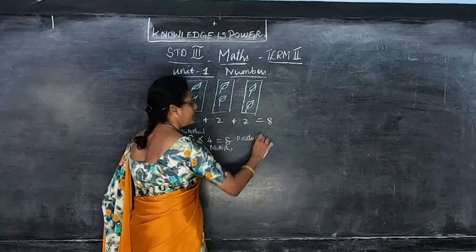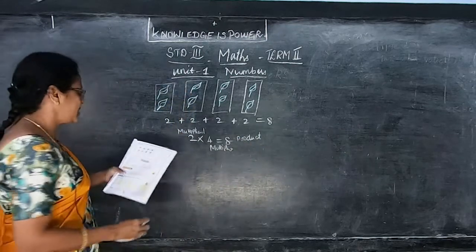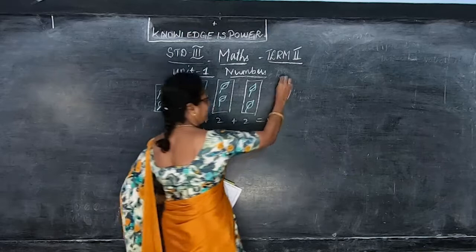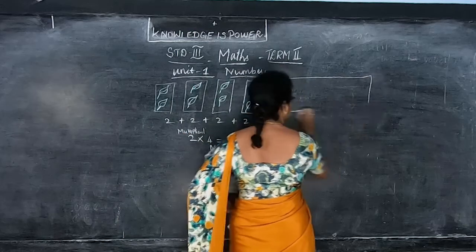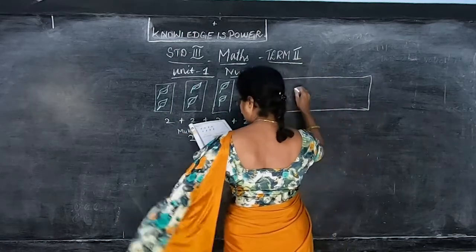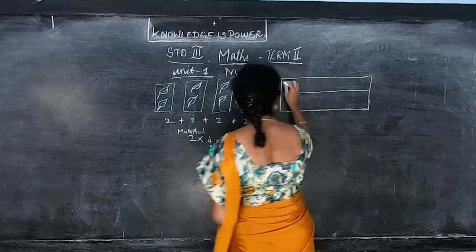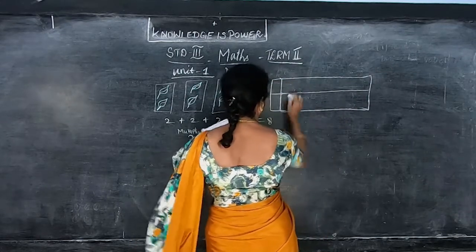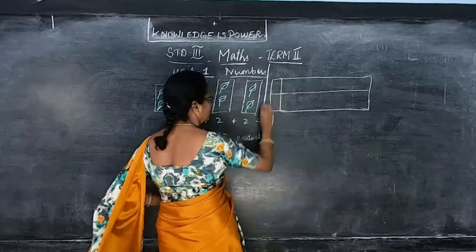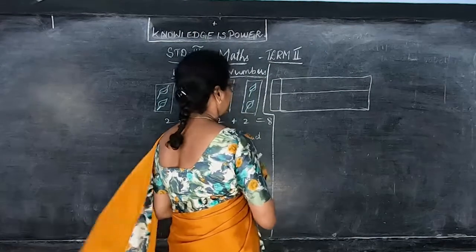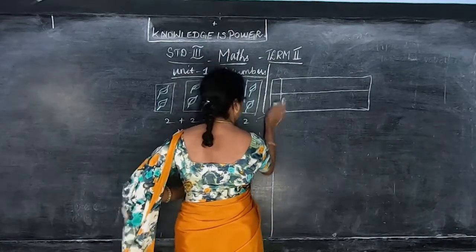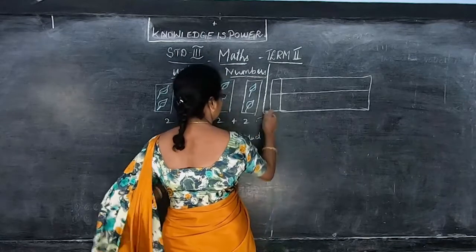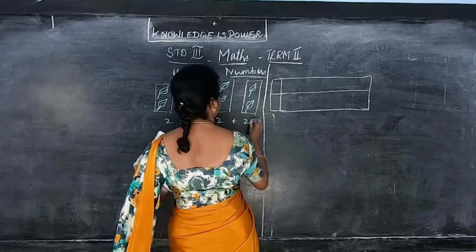Okay. And now in this they are given a box like this, an activity box. So in this box you can write the 2 tables. So in this, that is equal to 8.